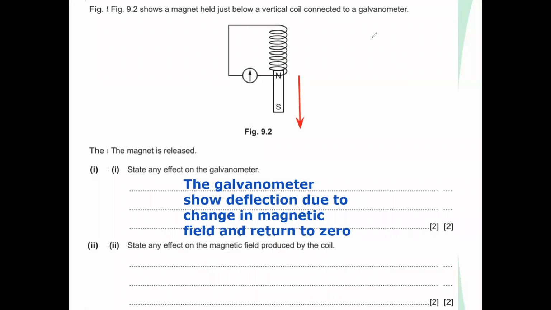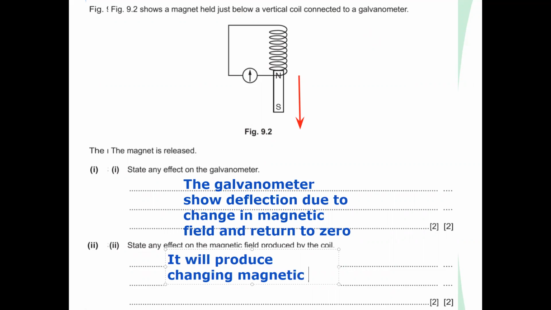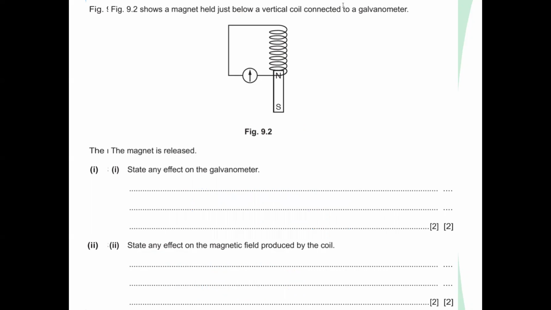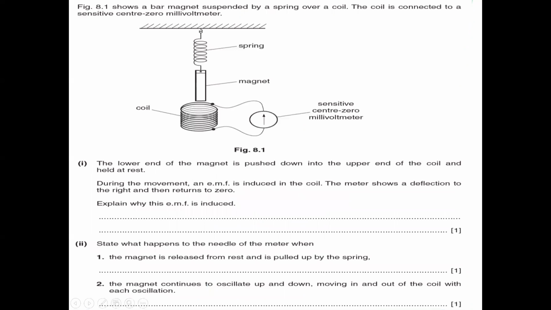It will produce a changing magnetic field to oppose the movement of the magnet through the solenoid. There will be a change in magnetic field, and it will try to oppose the movement of the magnet.